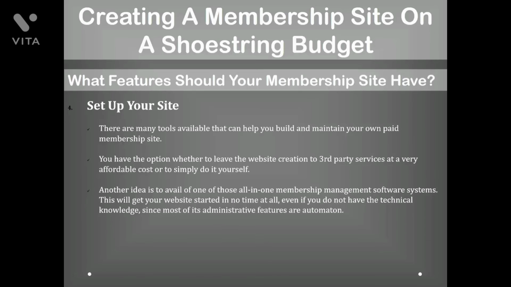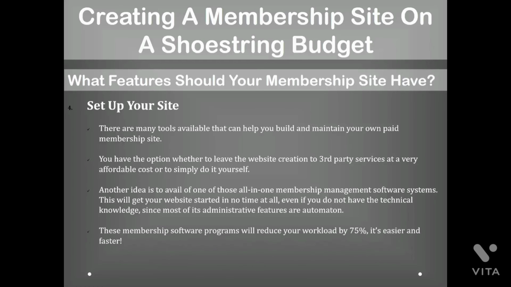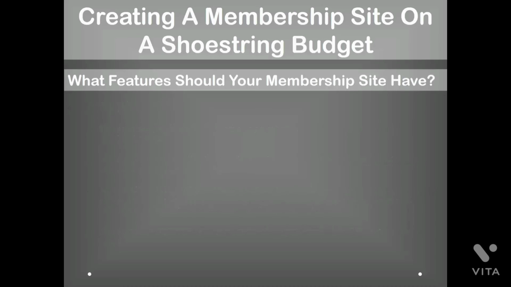This will get your website started in no time at all, even if you do not have the technical knowledge, since most of its administrative features are automated. These membership software programs will reduce your workload by 75%. It's easier and faster.